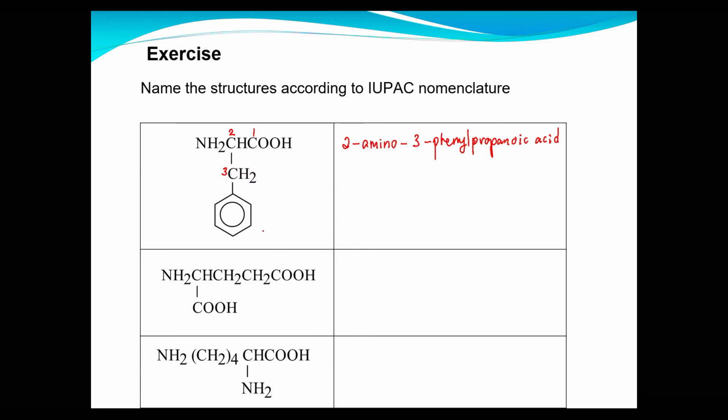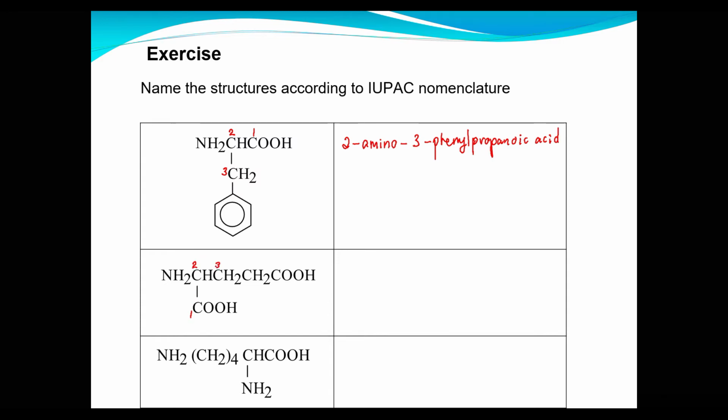Let us look at the next one. There are 2 carboxyl groups over here. So which carboxyl group takes number 1? Yes, the one at the bottom here. This is because when we start counting this carbon as number 1, we have the amino group at carbon number 2.